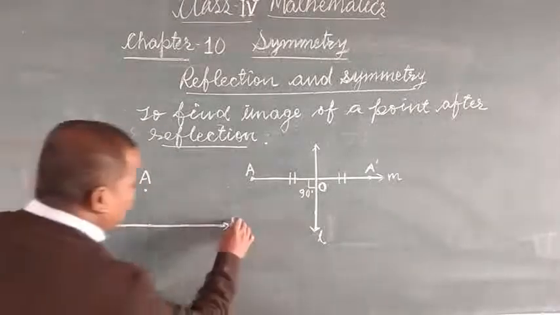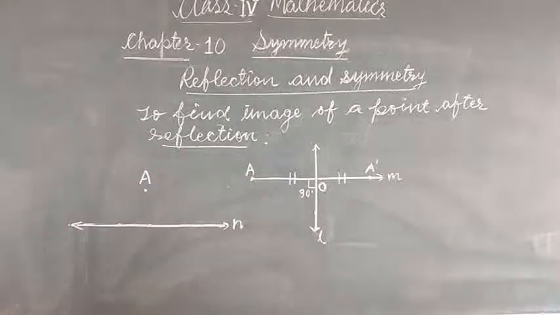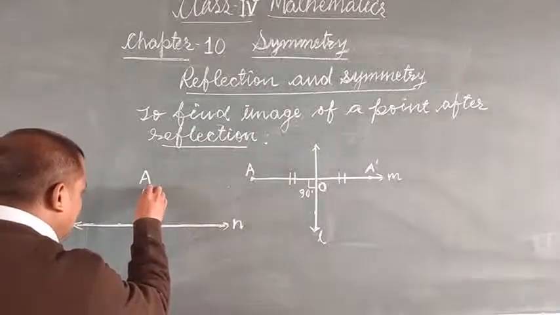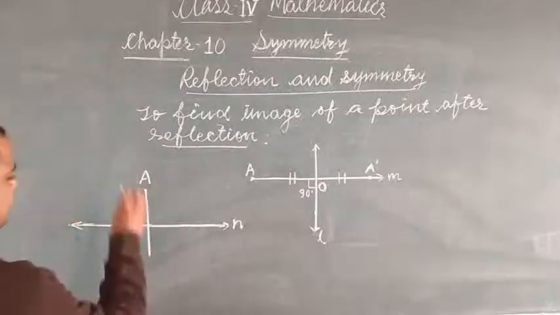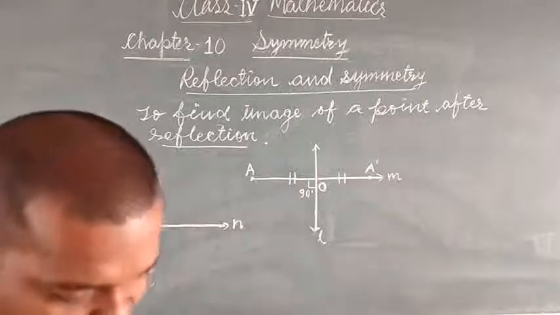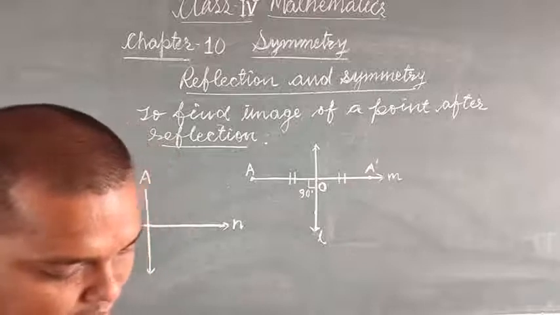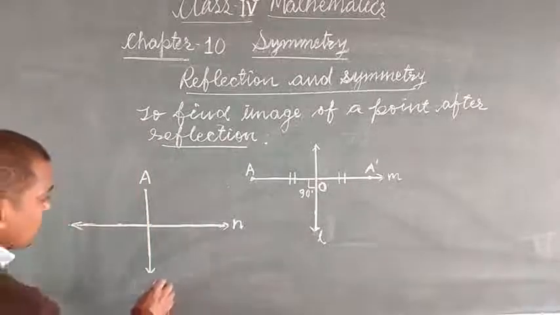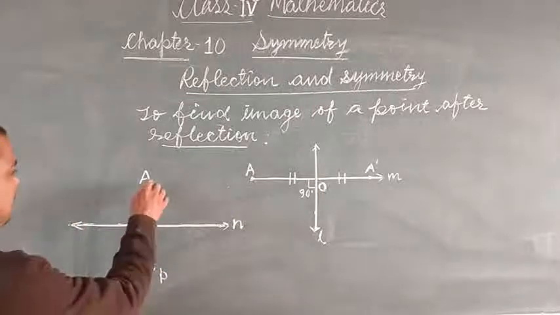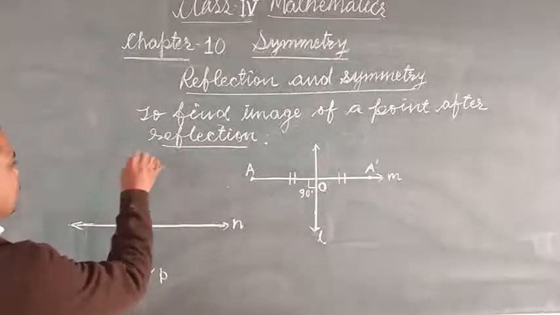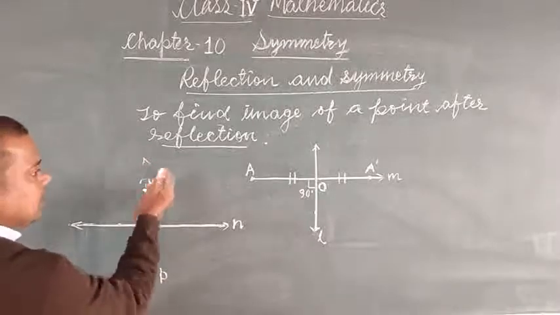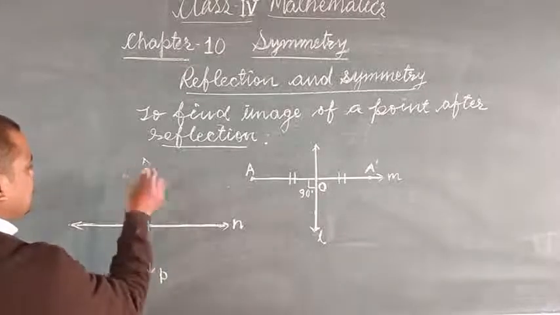Suppose it is line M, N. It is line M. Now I will draw from point A a line this side. Suppose it will be O, or you can suppose it is P. Here I am telling line, so we can write here also, and this is the point B. We have taken A already, so it is B here.